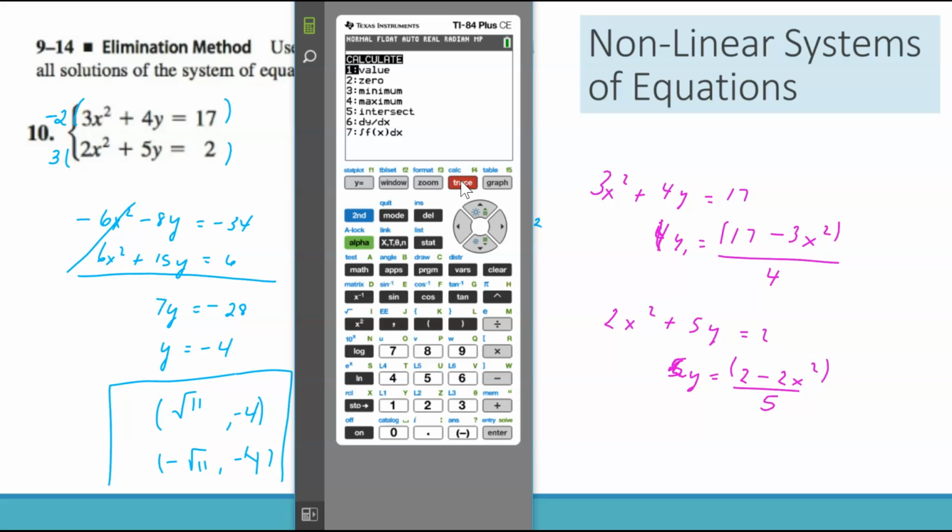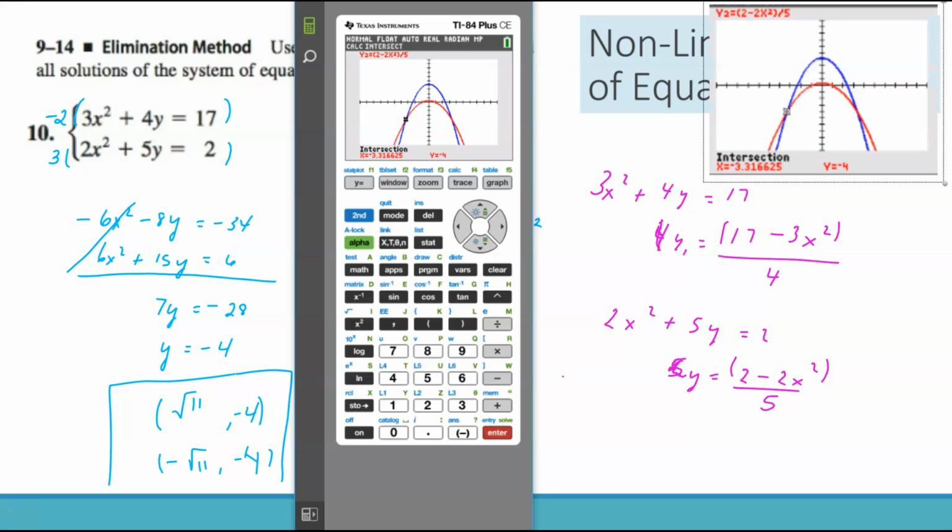So we can go second, calculate. Option number 5 is our intersect feature. We're going to move over to that point of intersection. We're going to keep hitting enter. Once we find that point of intersection, the calculator is going to give that as negative 3.32, negative 4.